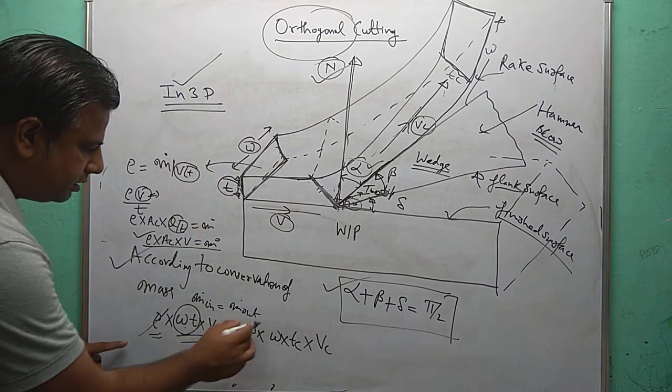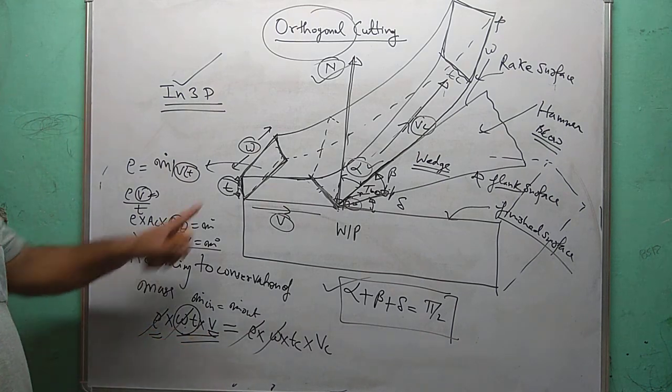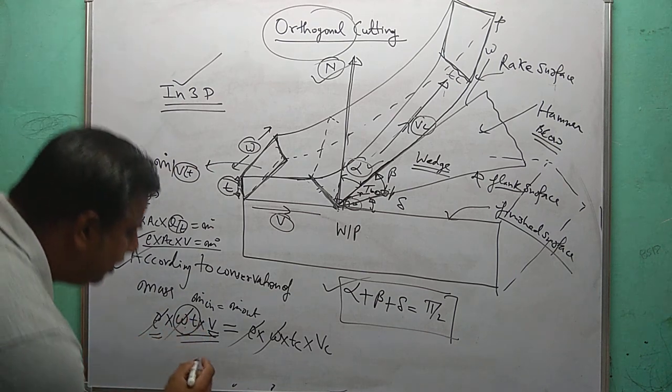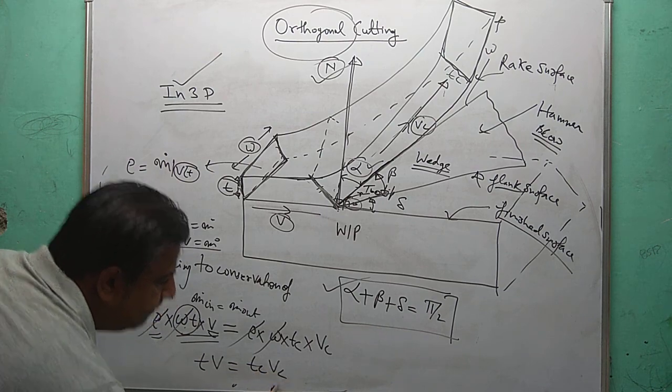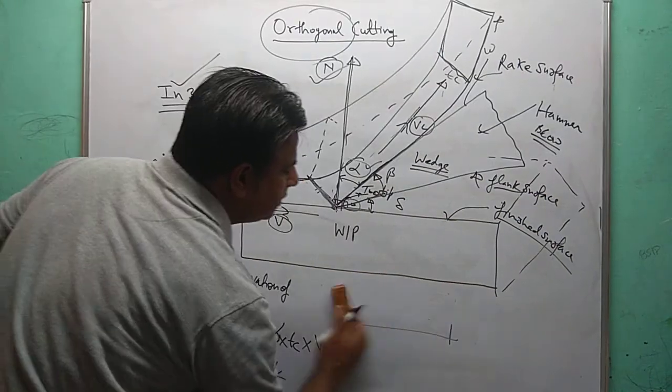The density remains constant, and the width is already constant, as we have assumed the width of the uncut layer and the width of the chip remain constant. From here you will get the relationship T into V is equal to Tc into Vc. So you may write like this.